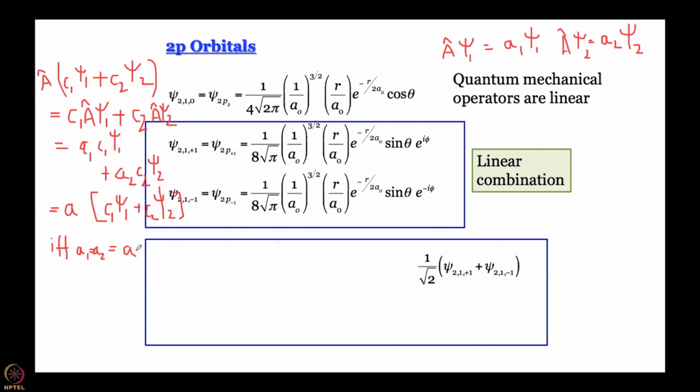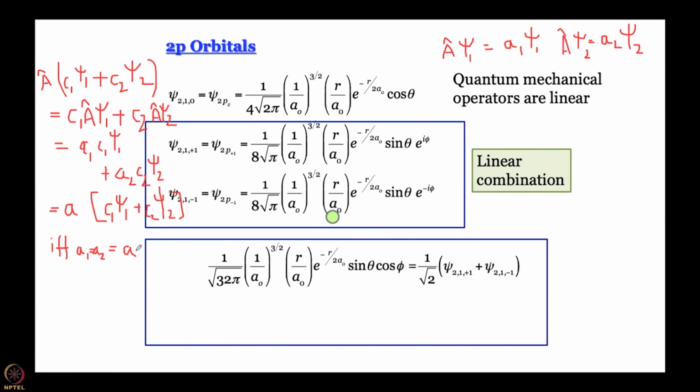You just add them, what do we get? 1 by 8 root pi, 1 by a0 to the power 3 by 2, r by a0, e to the power minus r by 2 a0. The radial part and the constant part is the same, that is why energy is same. So, that goes outside the bracket, well even sin theta goes outside the bracket, and you are left with e to the power i phi plus e to the power minus i phi inside the bracket.